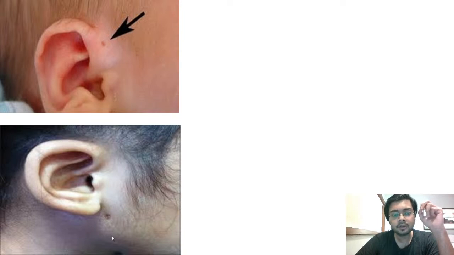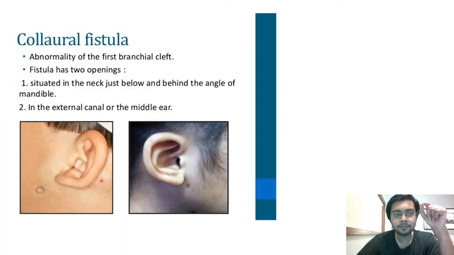And the branchial fistula has an external opening somewhere near the pinna, below the pinna and above the angle of the mandible, and an inner opening, in the external auditory canal. So it has two openings.